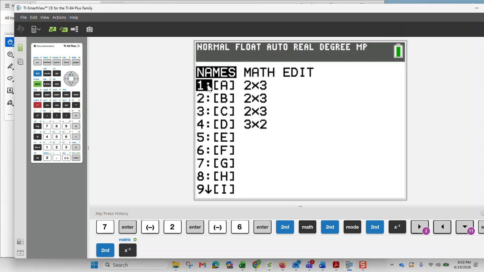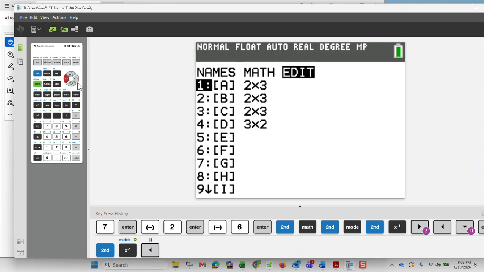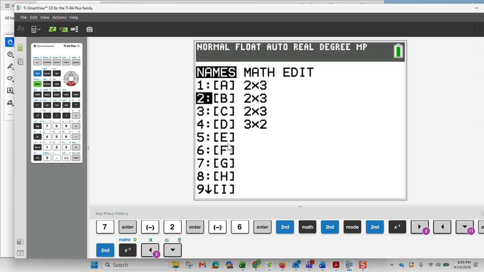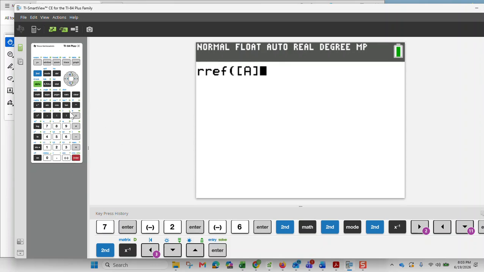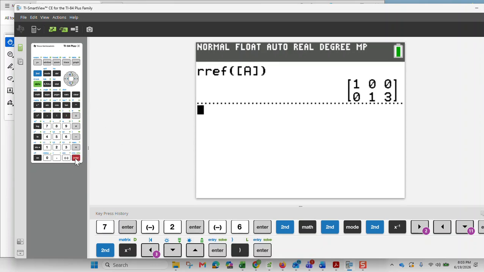All right, and remember the name we input into matrix A. So, if you input into the matrix B, you need to come back and find the name matrix B, right? But I remember I input into the matrix A, so I hit enter. Okay, and I hit enter again, and that is my answer.